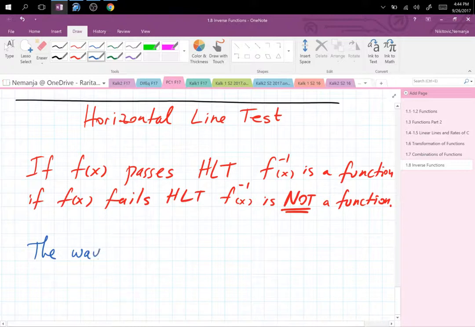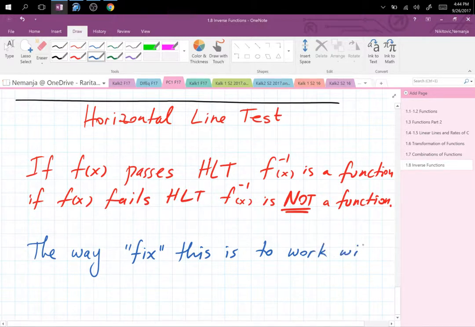The way to fix this, I'll put fix in quotes, is to work with restricted domain.